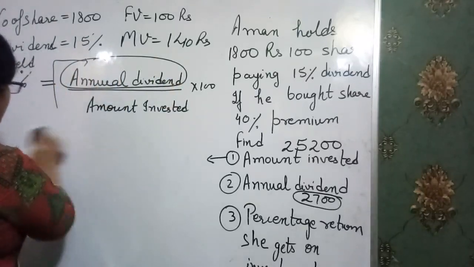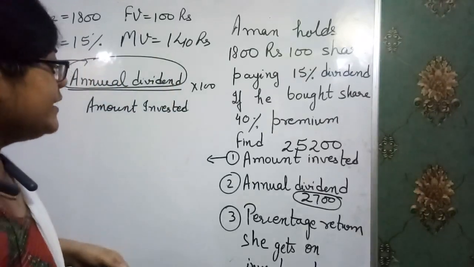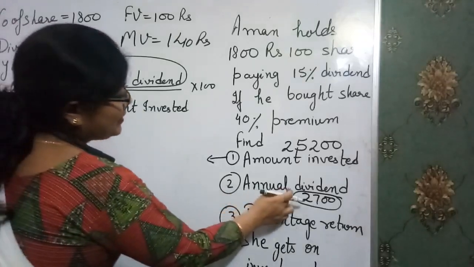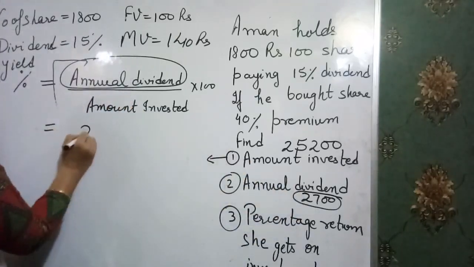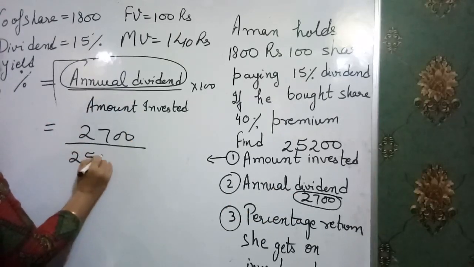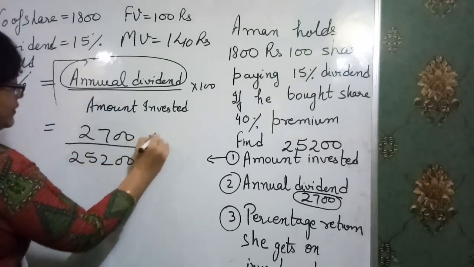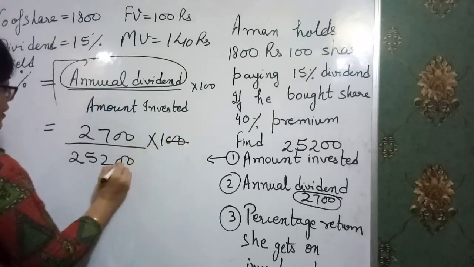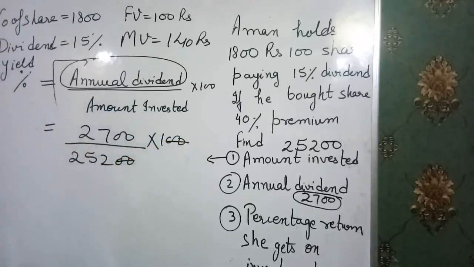Okay, now how do we do that? Here I have written annual dividend is 2700 and amount invested is 250,200 into 100. Clear? Now I think you can solve it. Just solve it.